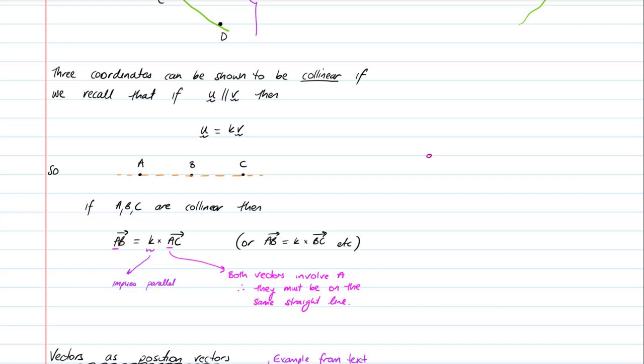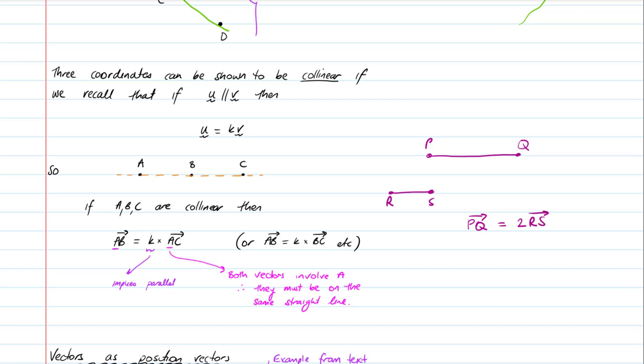If we show that two vectors, say PQ and then this vector here, RS, so I say PQ is equal to 2 times RS, therefore P, Q, R and S are collinear.